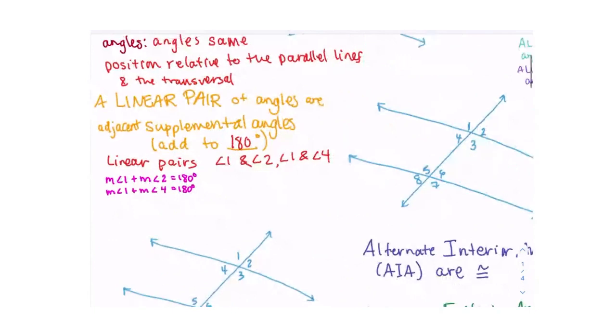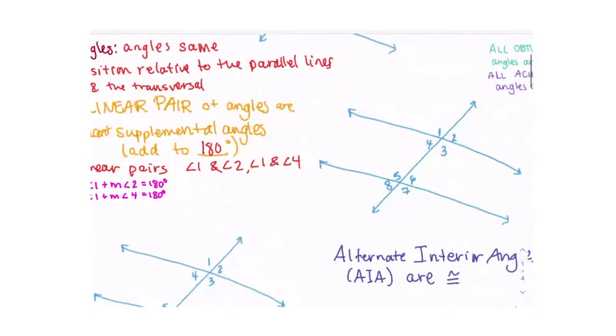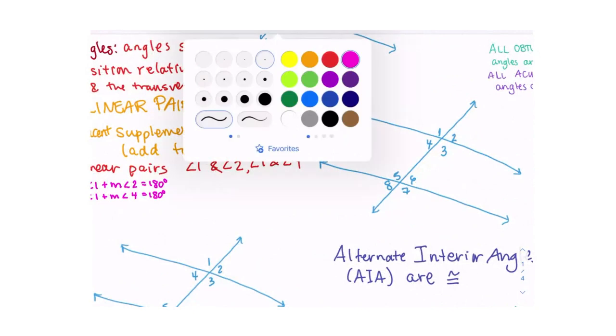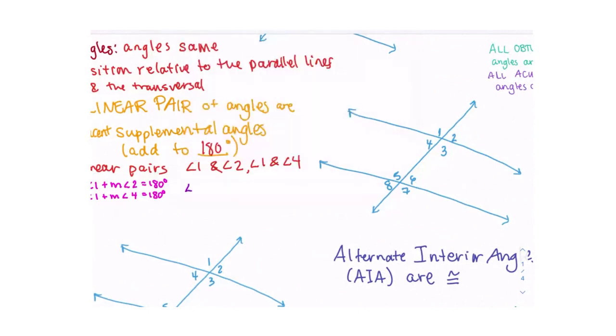Okay, let's list some more. We had 1 and 2, 1 and 4. Then angle 2 also goes with what? What's a linear pair to angle 2? 1 or 3. Oh yeah, 1 or 3. We already had 1, so I'm just going to say angle 3. Have we got all of them?